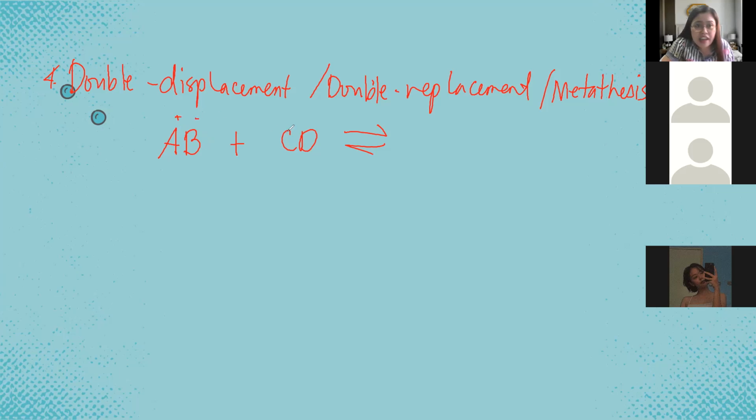So positive, negative, positive, negative. When they exchange, the positive here will partner with the negative of the first one. And the positive of the first compound will partner with the negative of the second compound. So this will be the product. Again, opposites attract, always positive and negative. And always, class, the positive is written first before the negative.